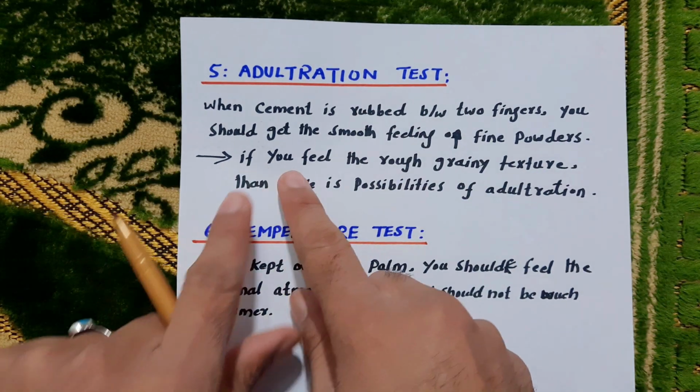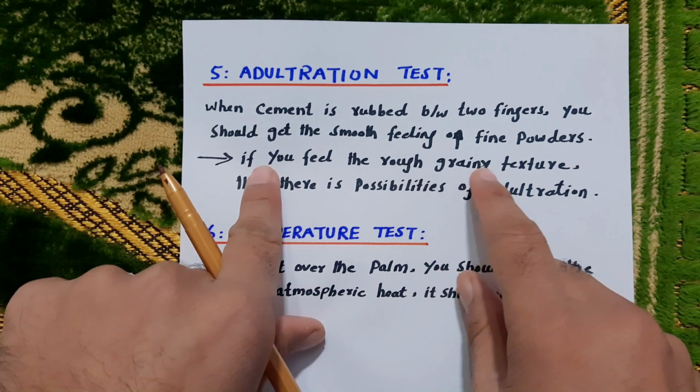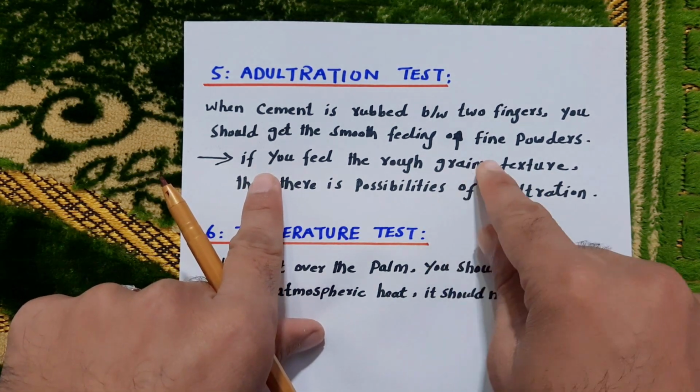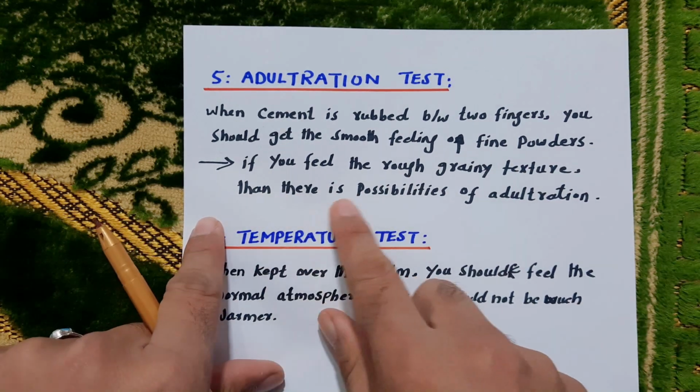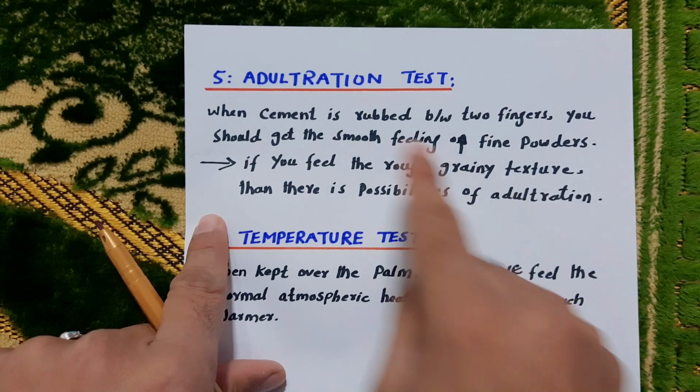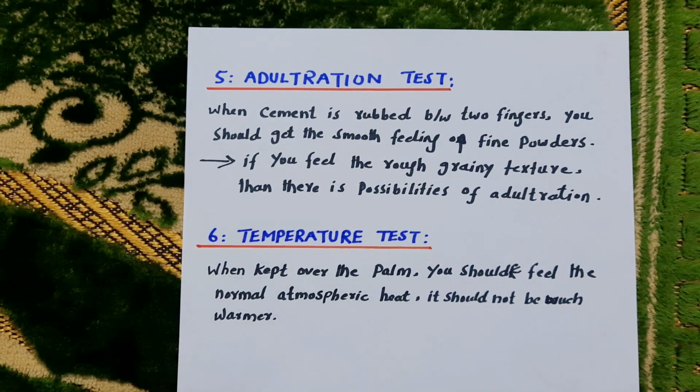Remember one thing: if you feel a rough, grainy texture, not fine powder, then there is the possibility of adulteration. This is also important.